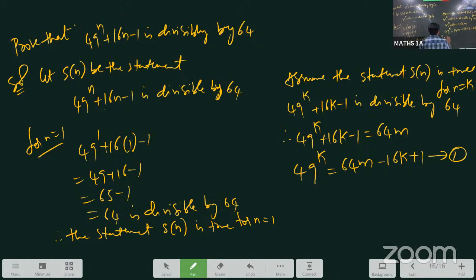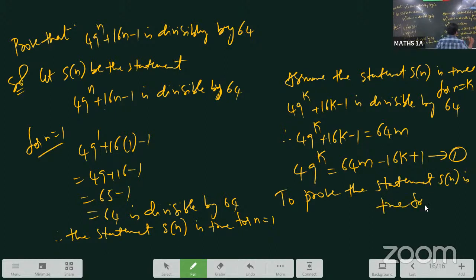Now, to prove the statement S of n is true for n equal to k plus 1, instead of n, I will put k plus 1. That is 49 to the power k plus 1 plus 16 into k plus 1 minus 1.